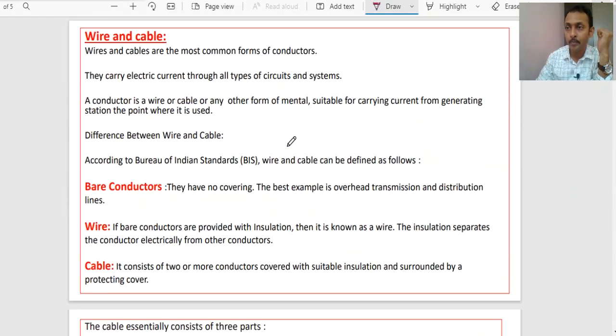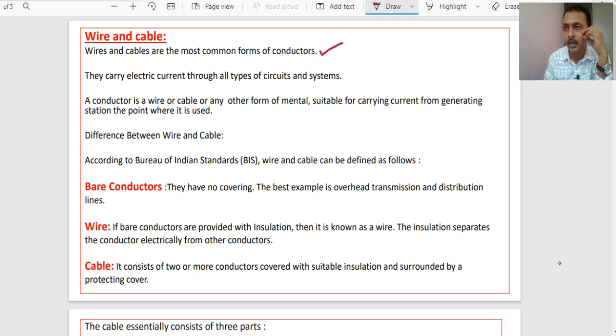Right now, we have already completed in our previous videos the fuse element, circuit breaker, and earth leakage circuit breaker. Now we will see the wire and cables. Dear students, if you observe, these wires or cables are the most common form of conductors.